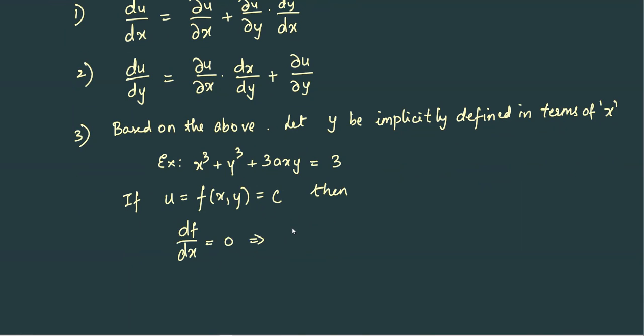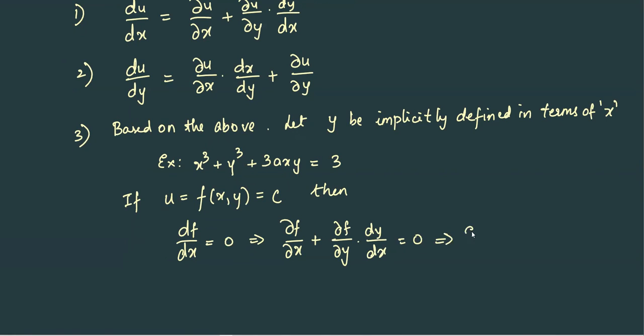So this is nothing but using result 1. This df by dx is dou f by dou x plus dou f by dou y times dy by dx.